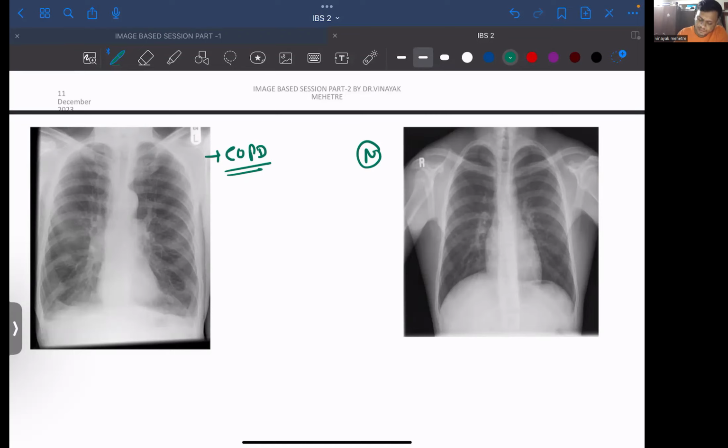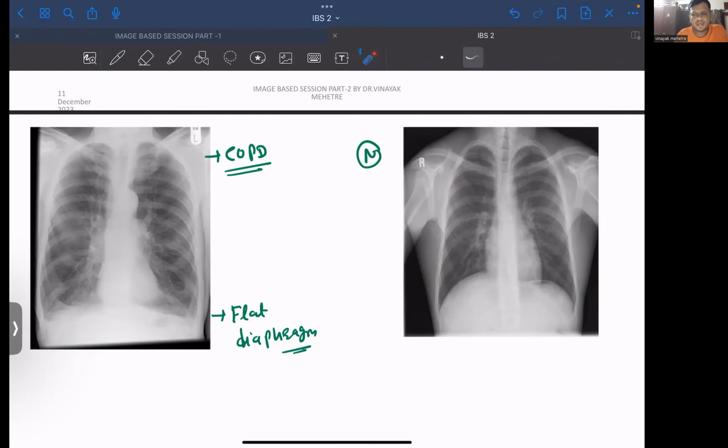Take a look first, it is the easiest. What has happened over here? It is called flat diaphragm, right? And what else has happened? If you take a look over here, the intercostal space is almost the same.